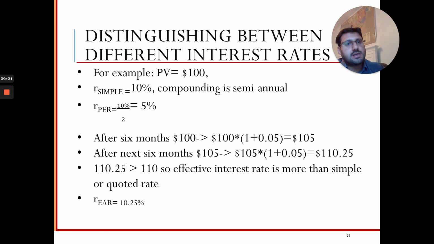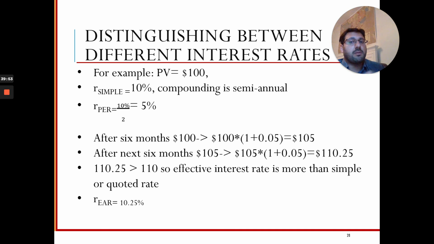So this 10% is the annual return, or also we'll say it APR, annual percentage rate, and also we'll call it the quoted rate. So the quoted rate is 10%, but its compounding is on the semi-annual term basis.